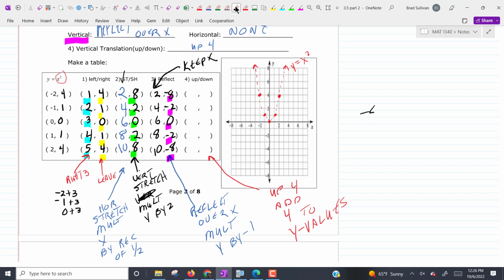So -8 plus 4 is -4. -2 plus 4 is 2. Then 0 plus 4 is 4. Then -2 plus 4 is 2. And finally -8 plus 4 again is -4. That's how you make something go up: you make the y values get bigger by 4. The x values stay the same.